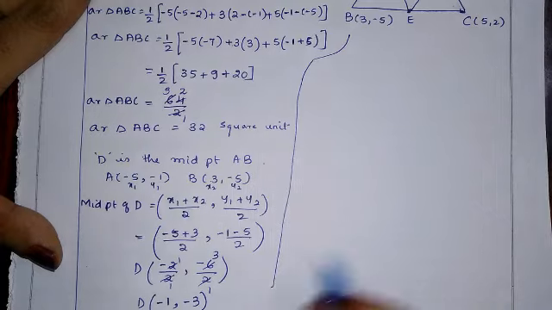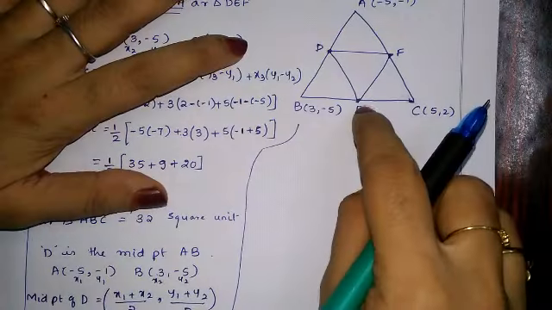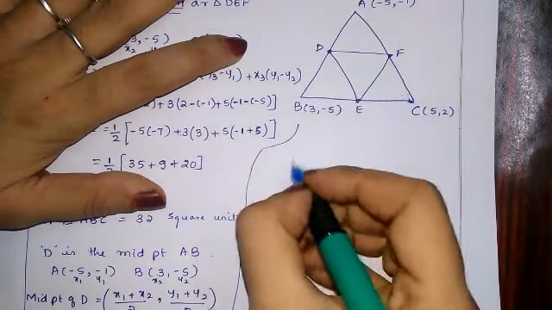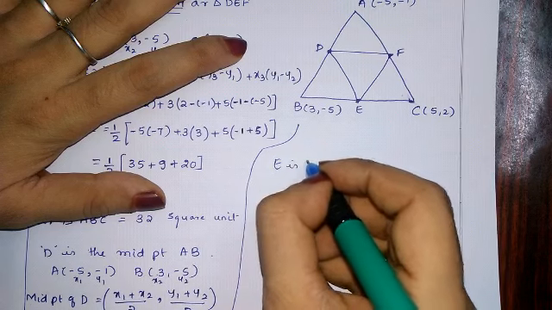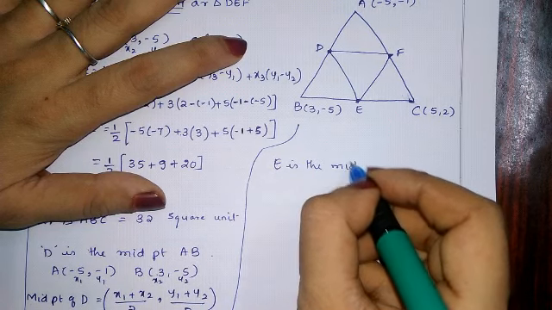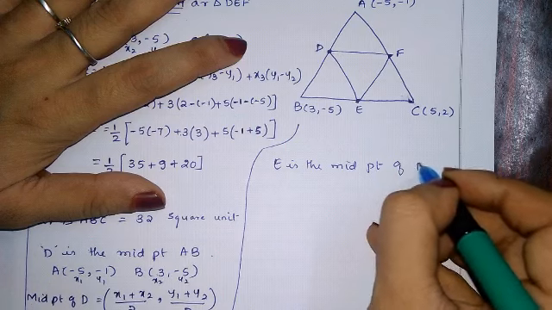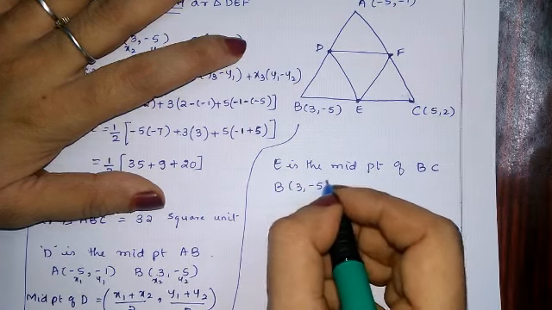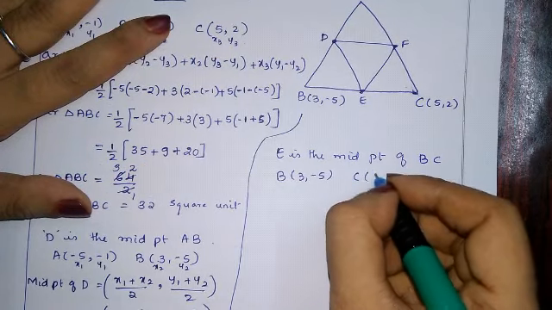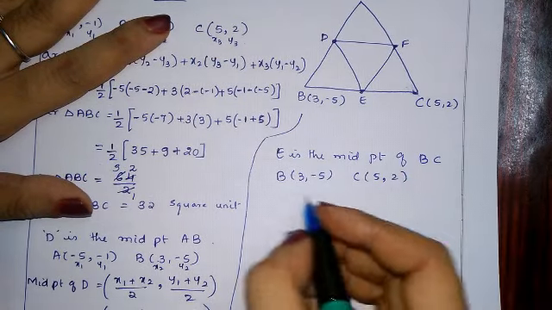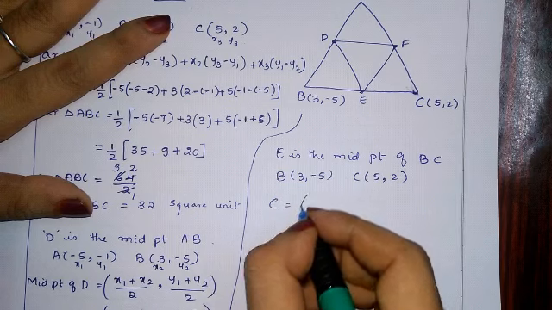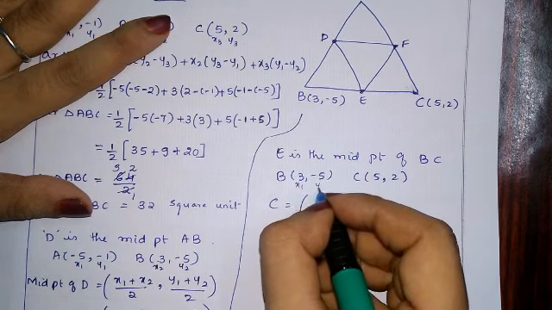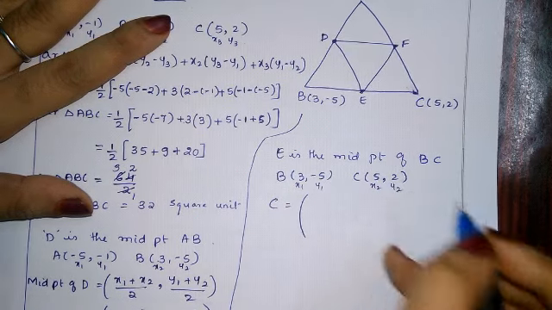I'll just put the line here. We will find now E, the midpoint of BC. B point is 3 minus 5 and C point is 5 2. Directly we'll find, point E is equal to x1 y1 x2 y2.